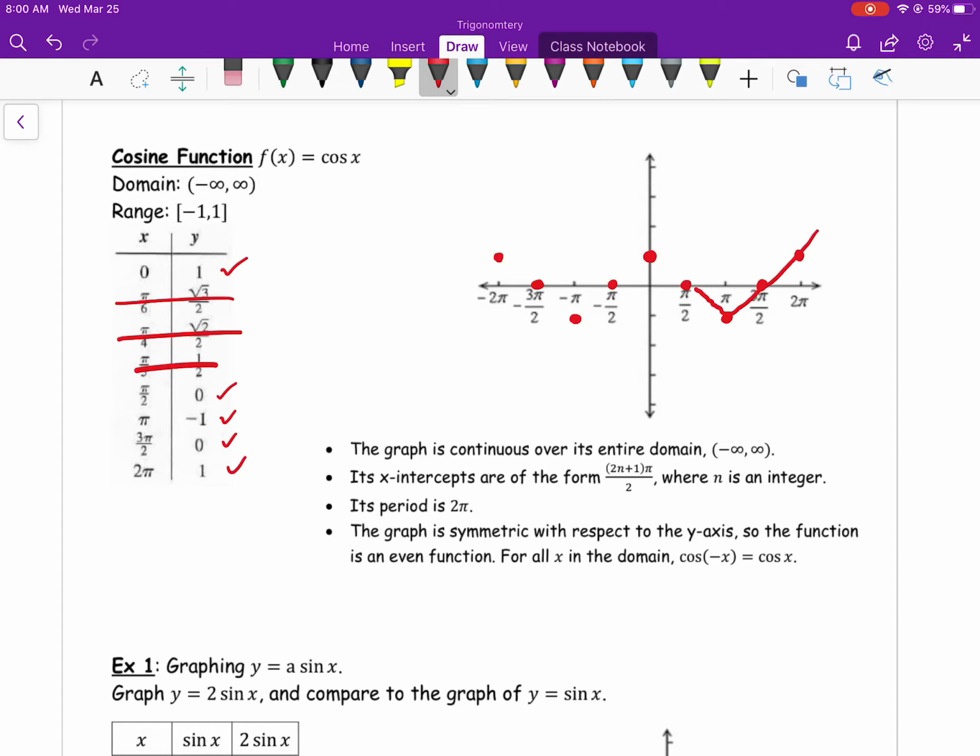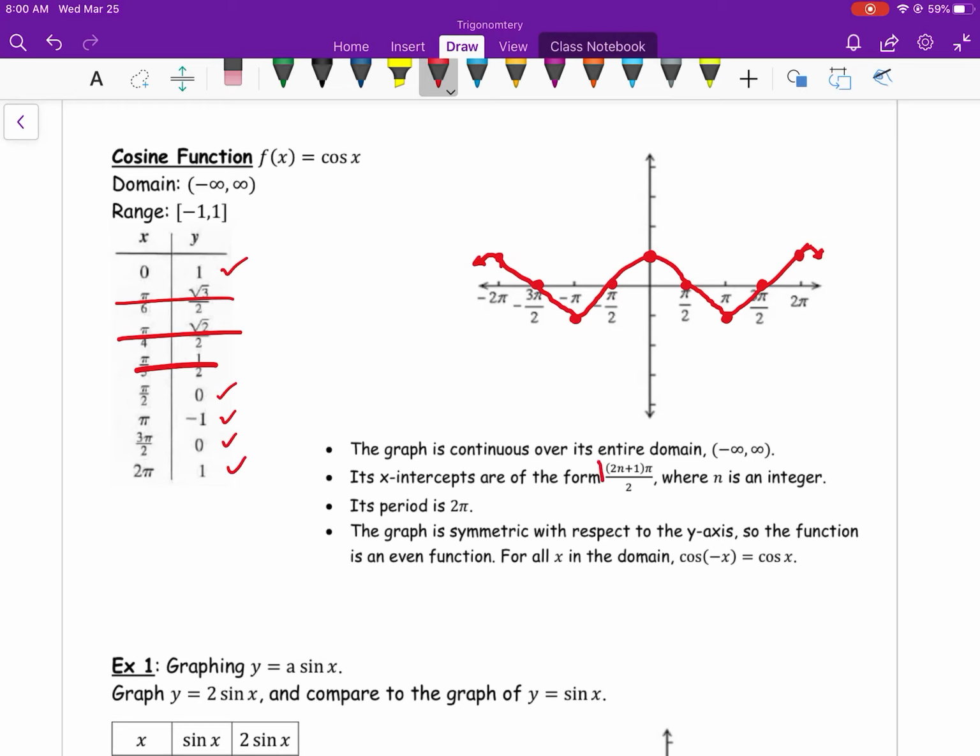Our cosine graph looks a little more like a W. Sorry, the ends should be rounded down because this is going to repeat again. There you go. That's cosine.